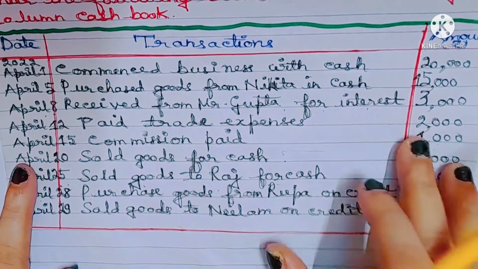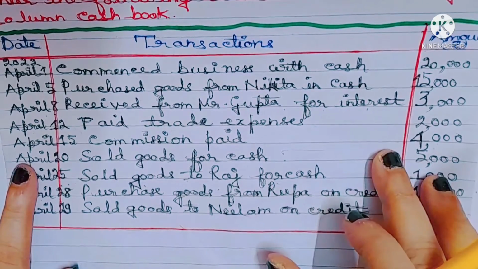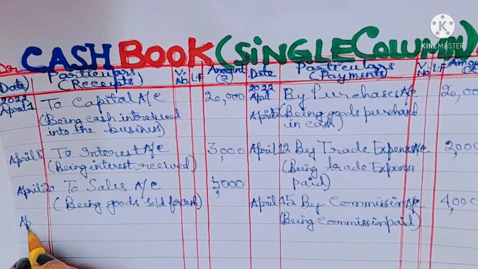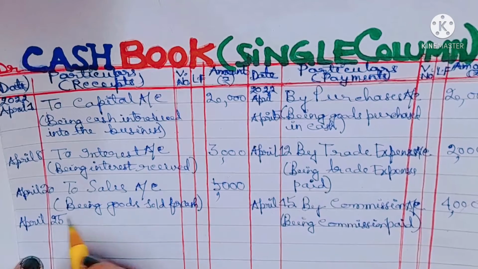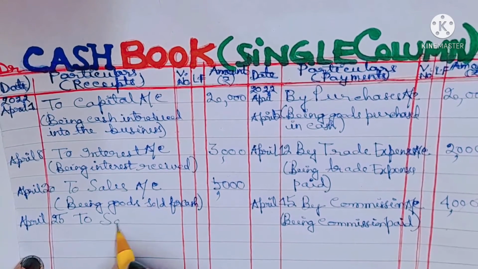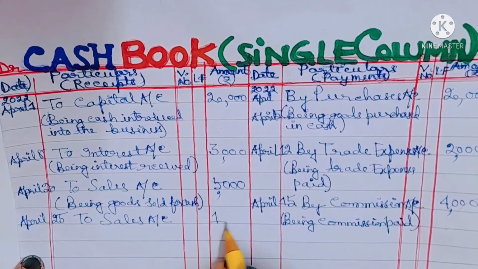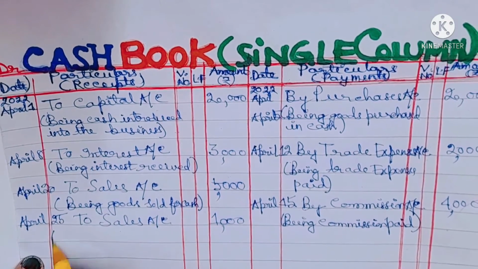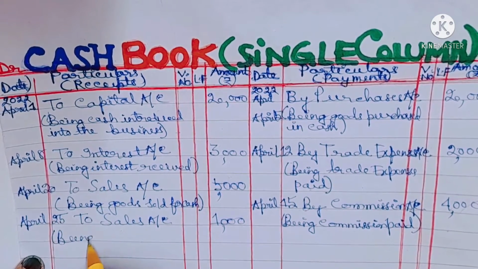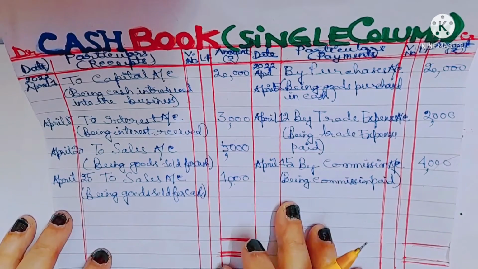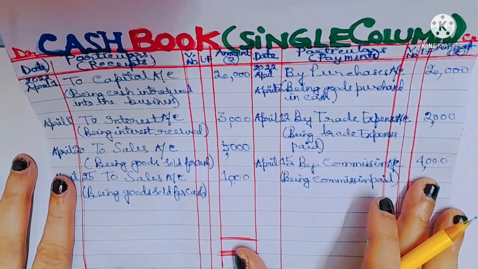So we'll have to write to sales account in the cash book on the debit side. Okay, so let's write on 25th April to sales account, how much? 1,000. Being goods sold for cash.